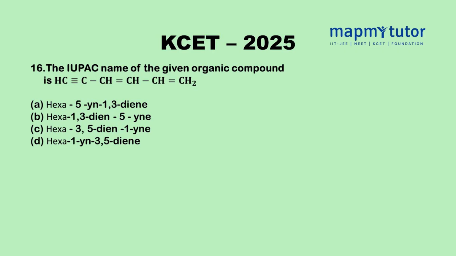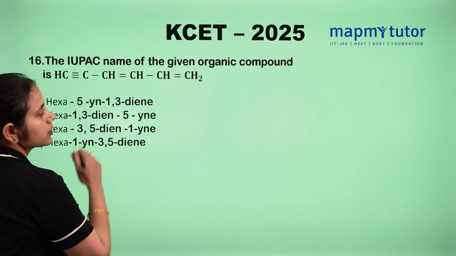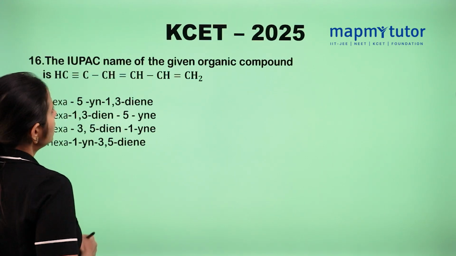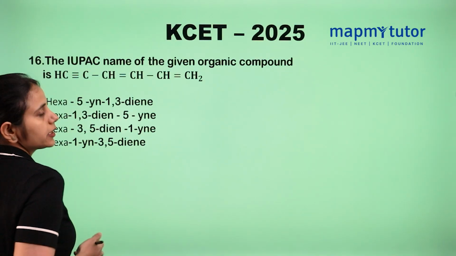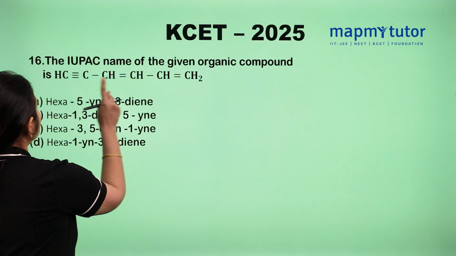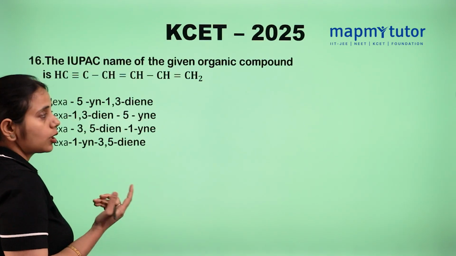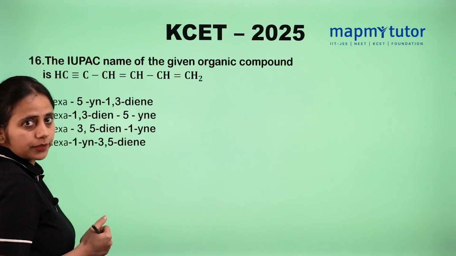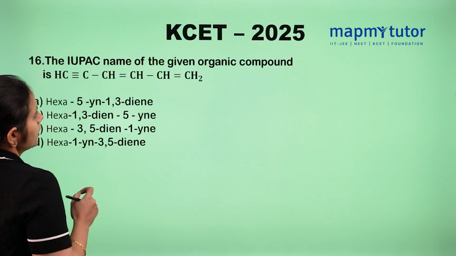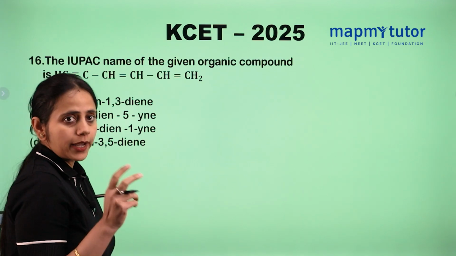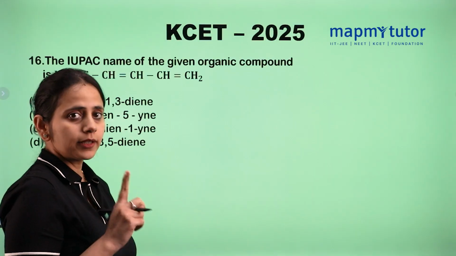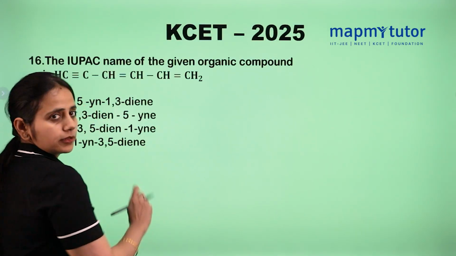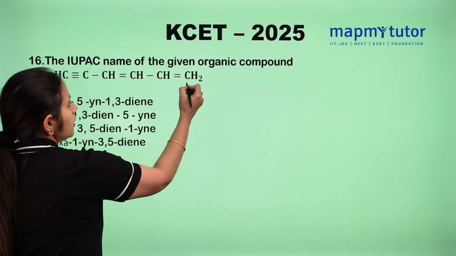The IUPAC name of the given organic compound is, we need to name this compound by IUPAC. At both the terminals, one is a double bond and the other is a triple bond. Now from there we will start the numbering. See, the trick is whenever we have a double bond and a triple bond on the end sides, we always start numbering from the double bond end.